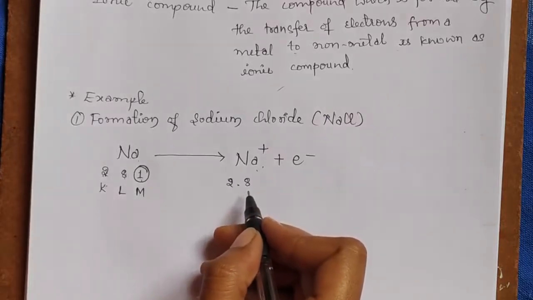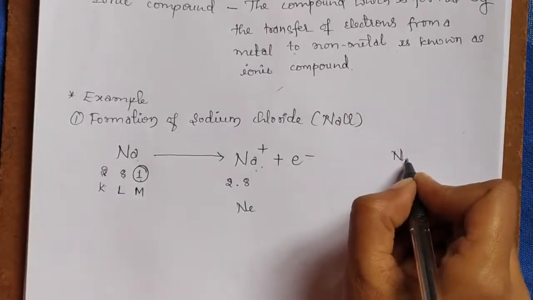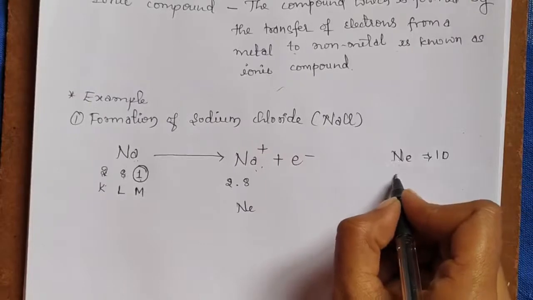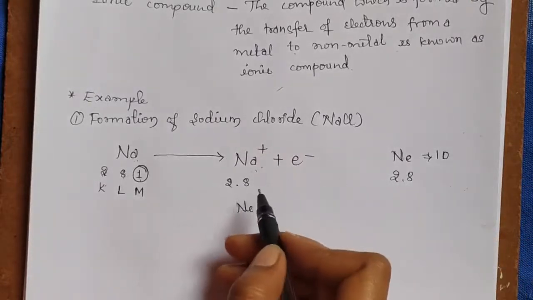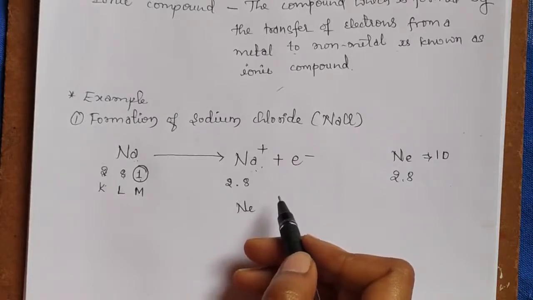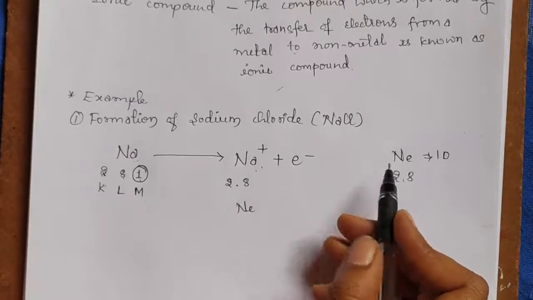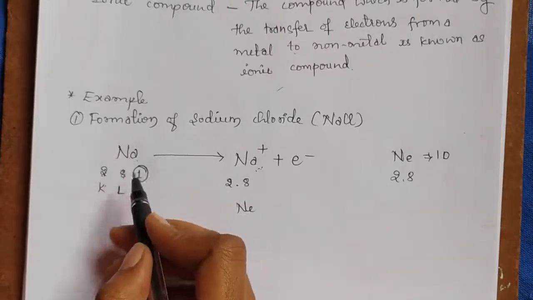By losing one electron, this sodium will attain the noble electronic configuration of neon. Children, the atomic number of neon is 10 and its electronic configuration is 2,8. When it attains the electronic configuration nearest to the noble gas, that is neon, it becomes more stable. Now, this sodium is unstable.